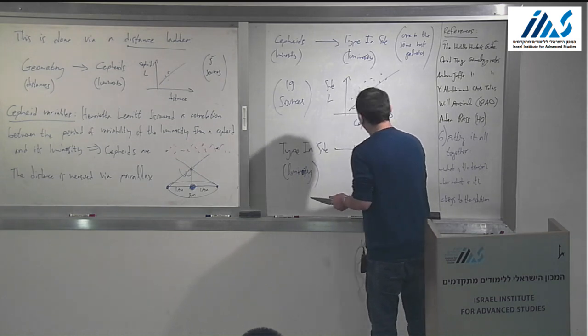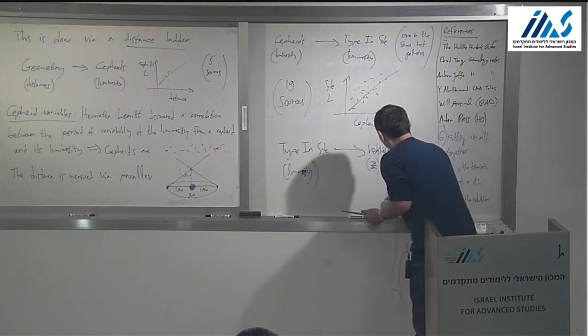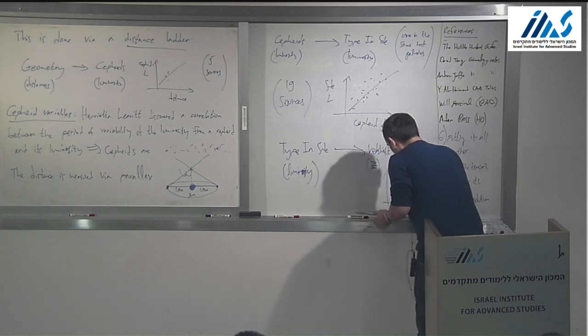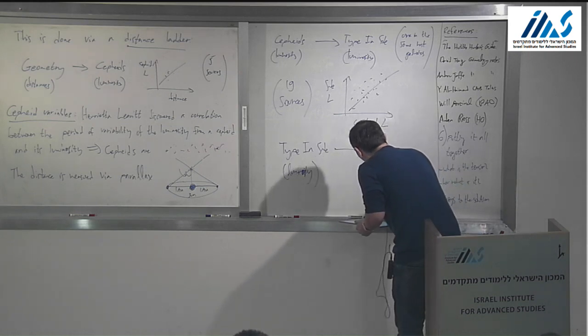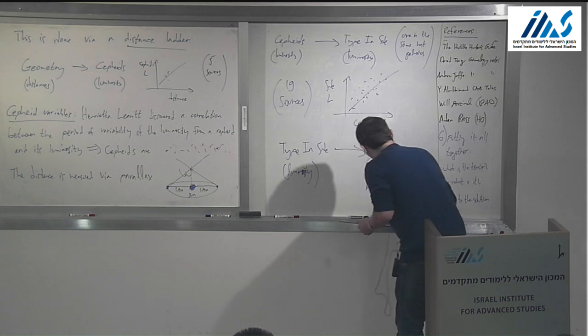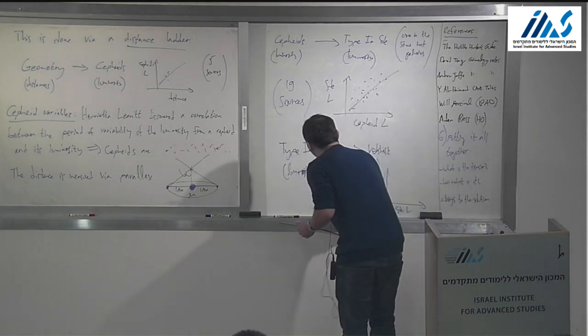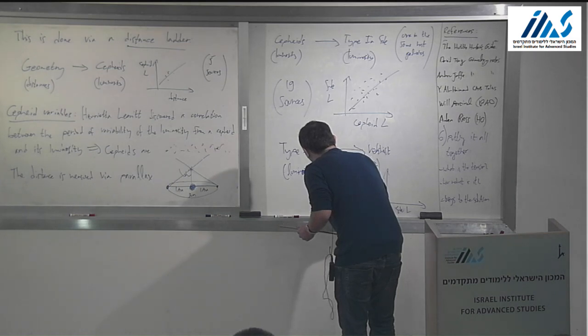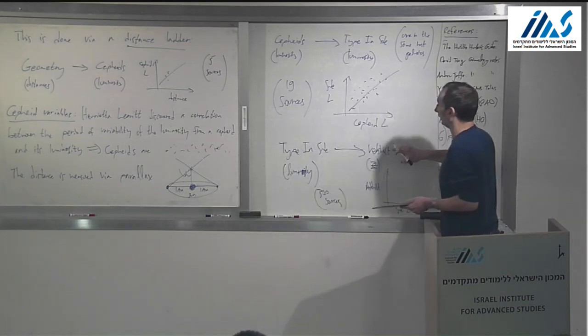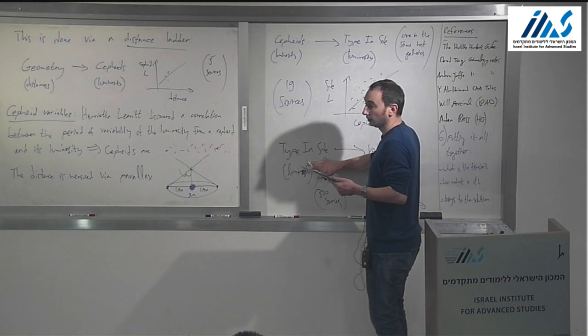So this gives us a relation between the redshift and the supernova luminosity. Here, there are 300 sources. And what's important here is that these type 1a supernovae are far.